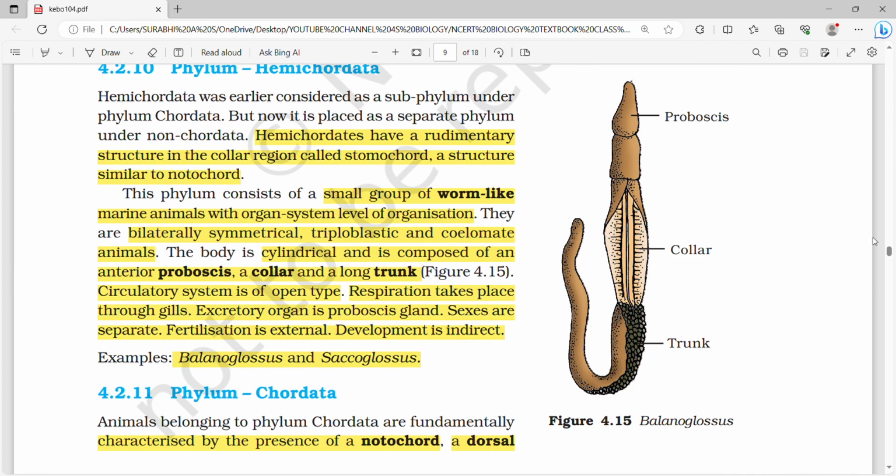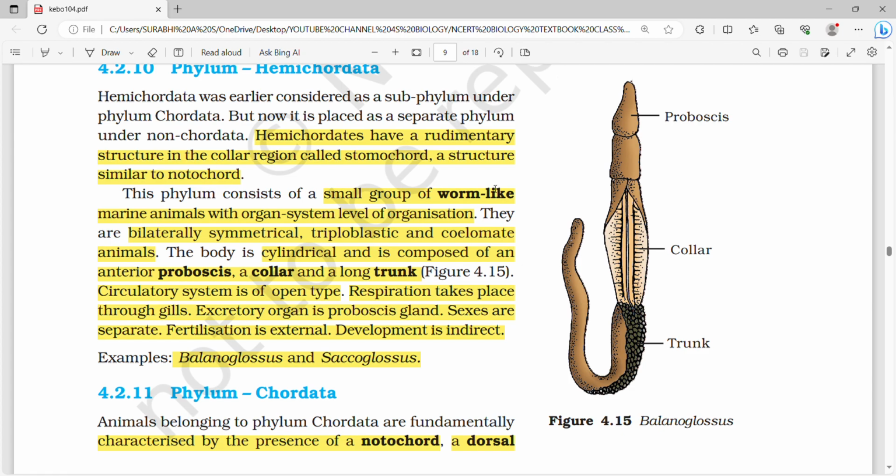Next, moving on to phylum Hemichordata. Hemichordates have a rudimentary structure in the collar region called the stomochord. You should know this stomochord, a structure similar to the notochord. This phylum consists of a small group of worm-like marine animals with organ system level of organization.